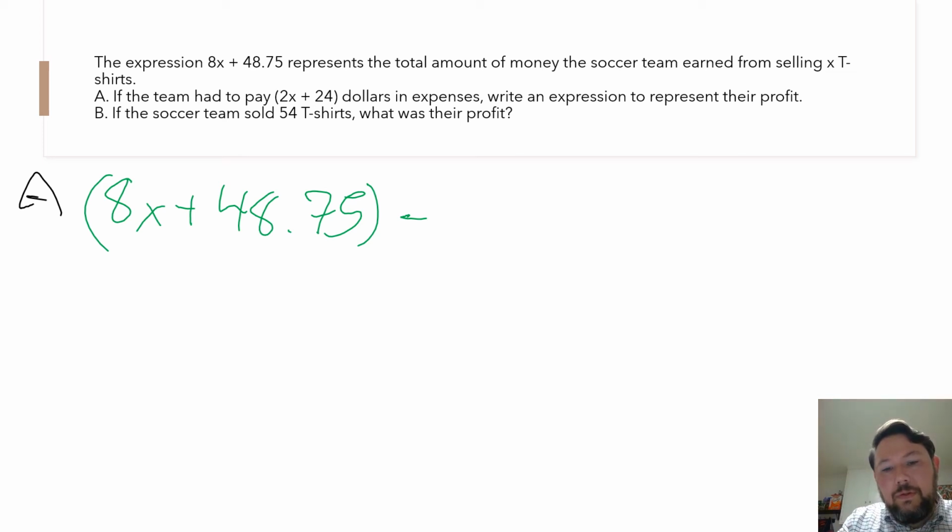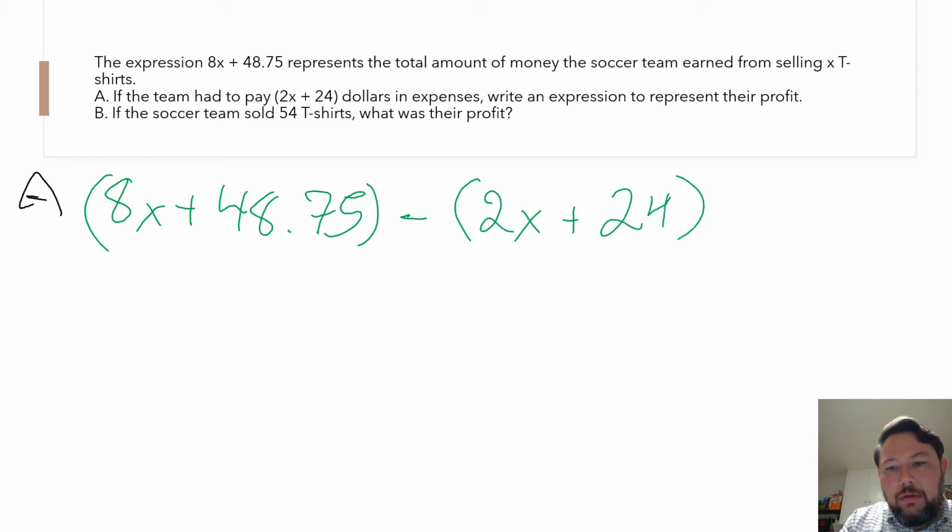That's total revenue. That's how much money is coming in. We're going to now minus our cost, which is given to us as an expression of 2x plus 24. Okay. Now, we can find an expression that represents profit with this.